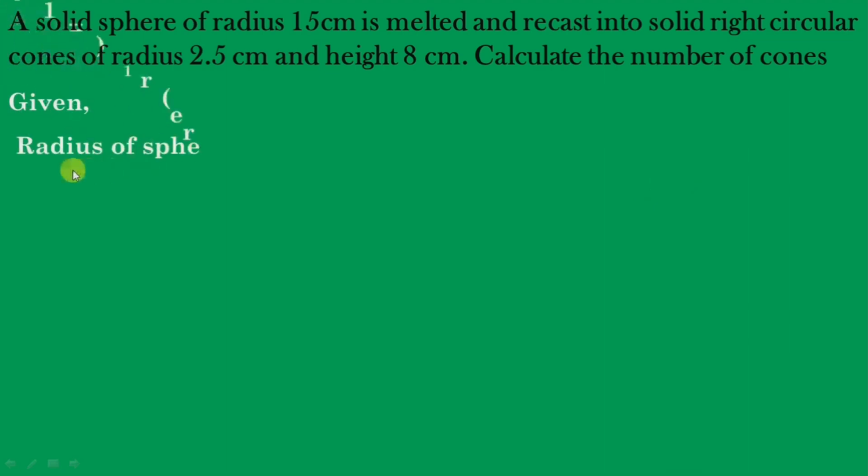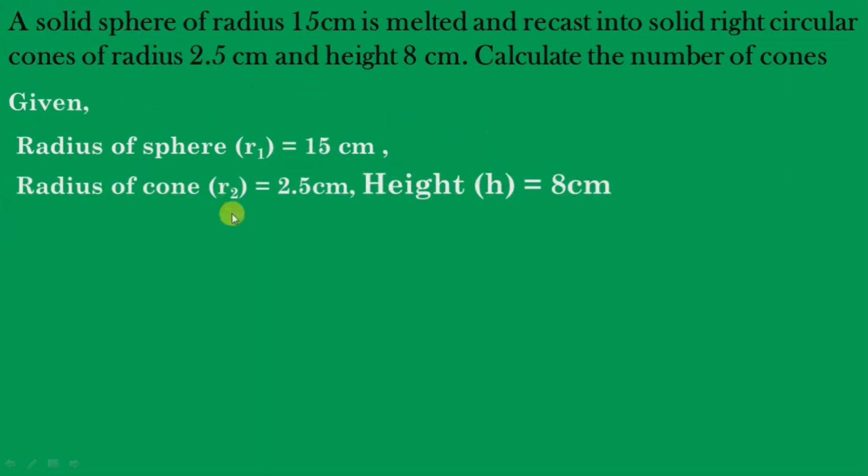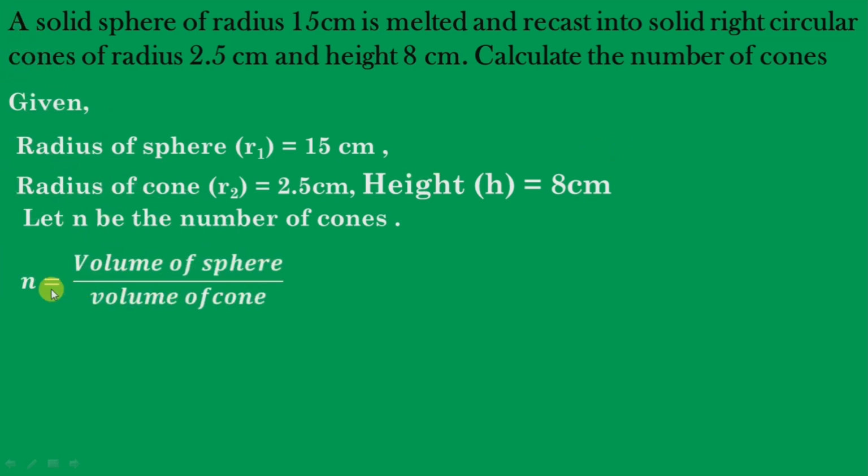Given radius of sphere, denoted by R1, is equal to 15 cm. Radius of cone, denoted by R2, is 2.5 cm and height h is equal to 8 cm. Let n be the number of cones. So n is equal to volume of sphere divided by volume of cone.